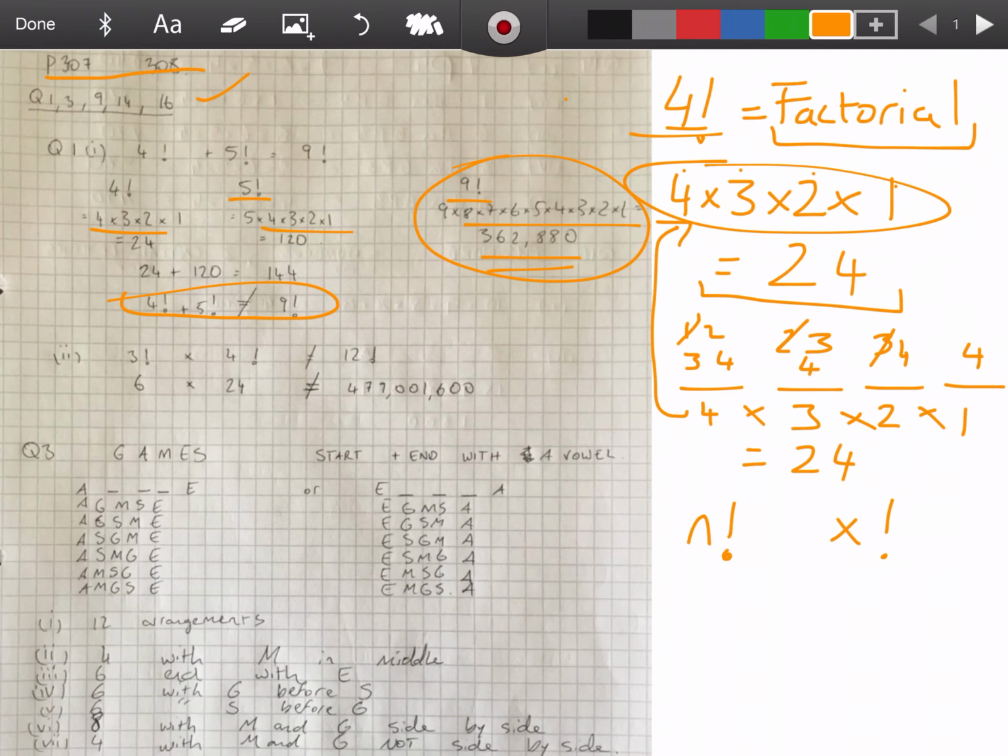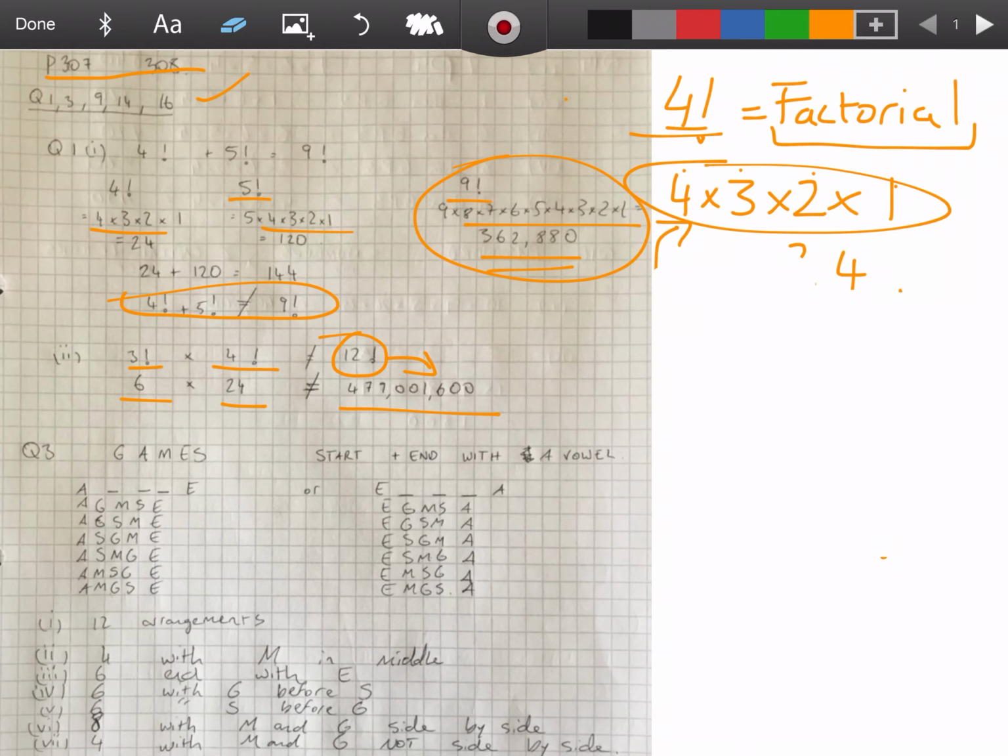Same process here: I've got 3 factorial multiplied by 4 factorial. 3 factorial is 6, 4 factorial is 24, and 12 factorial is this number here, 479,001,600. Again, the bigger the factorial number, the larger the amount of permutations. You can see how big that can get. So that's the idea of a factorial and how it works.